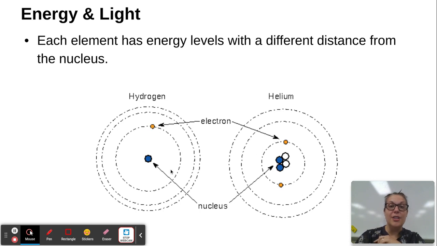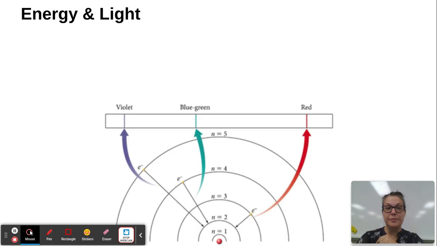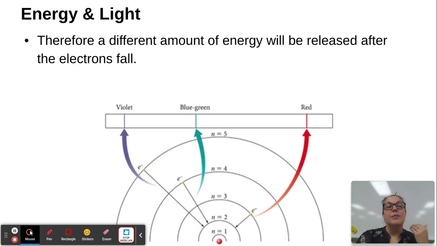The amount of energy in hydrogen's first level is different compared to the energy in helium's first level. Hydrogen has more in its first level because it's farther away. Because the amounts of energy are different, different amounts of energy will be released when the electrons fall.